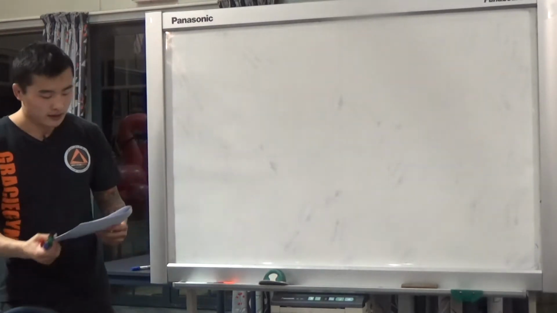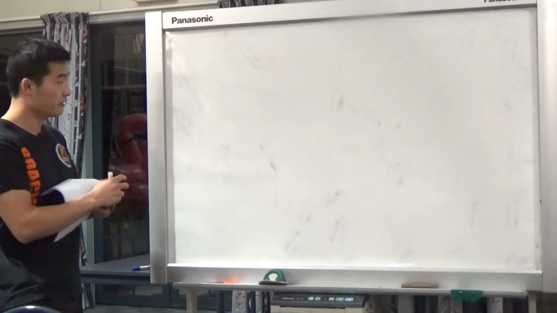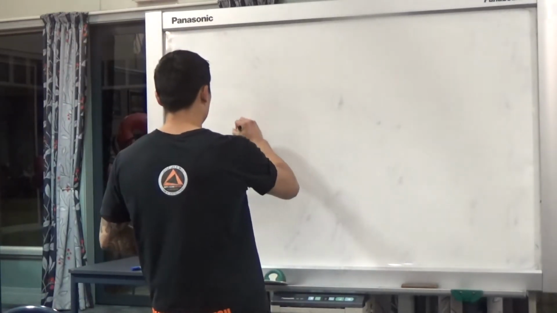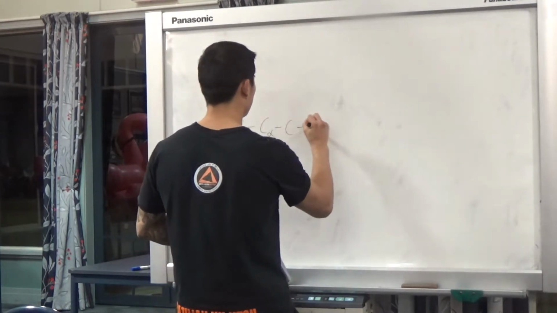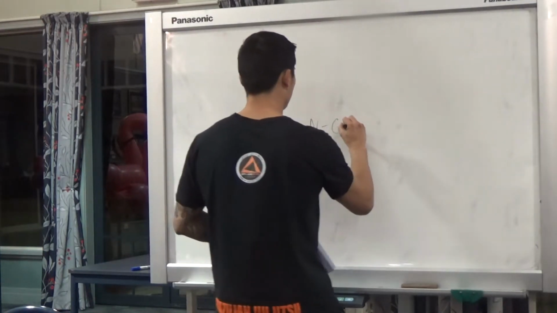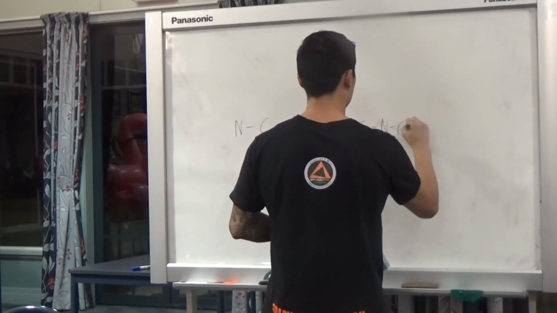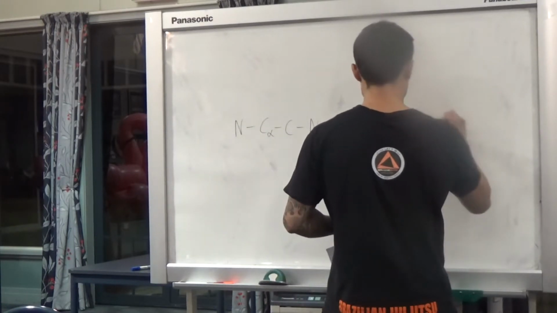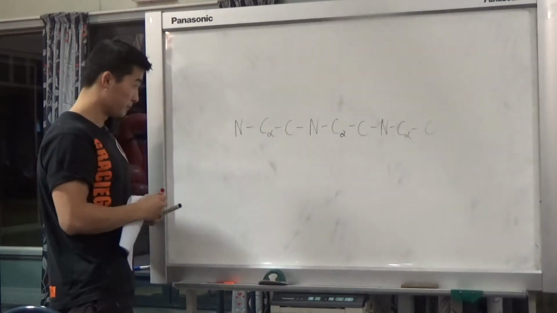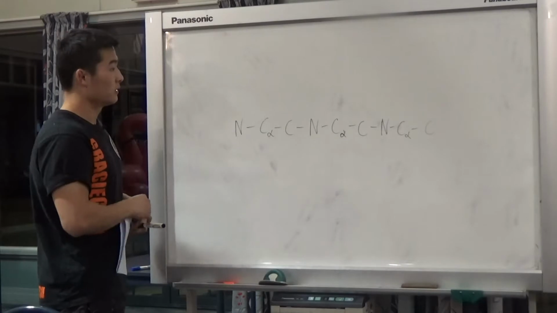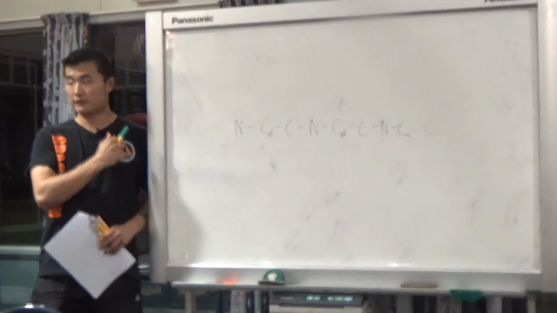So if you wanted to draw a parallel and an anti-parallel beta sheet, we'll just do this quickly. So start off with the backbone. So nitrogen, alpha carbon, carbon, nitrogen, alpha carbon, carbon, nitrogen, alpha carbon, carboxyl carbon. Okay, so which way will the arrow be pointing for this one? Left to right?